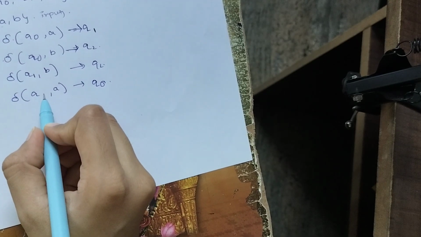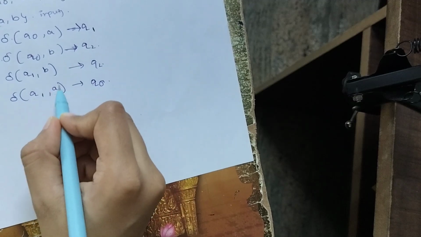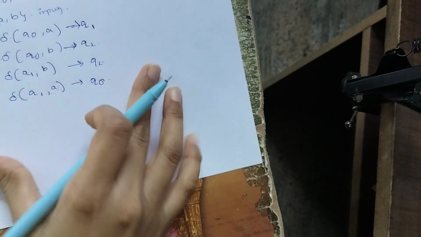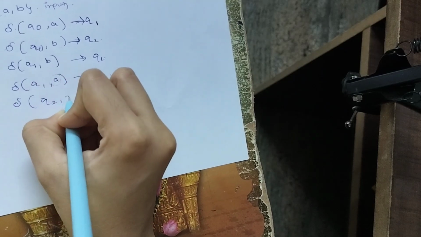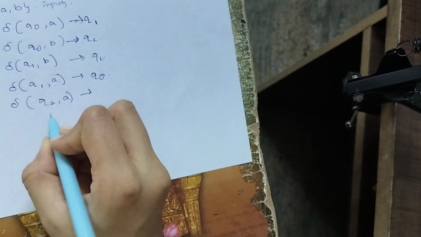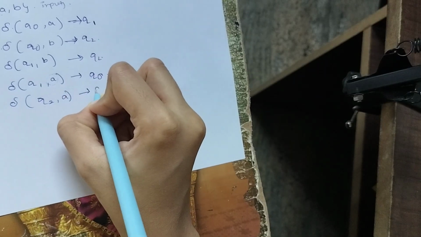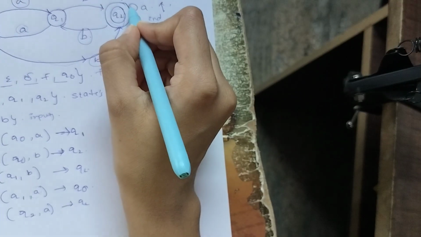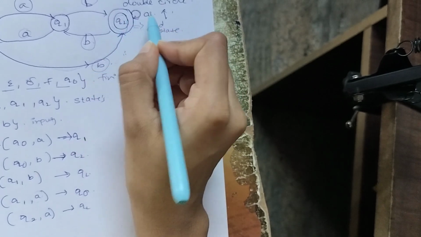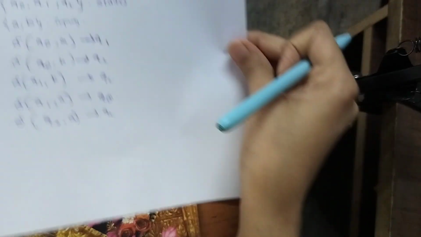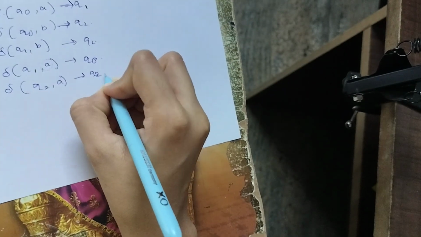From q1 to q0, a is moving in between them, and then delta of q2 comma a: from q2 to q2, a self loop has been drawn in the example, so from q2 to q2 the a is also going, so we write it this way.